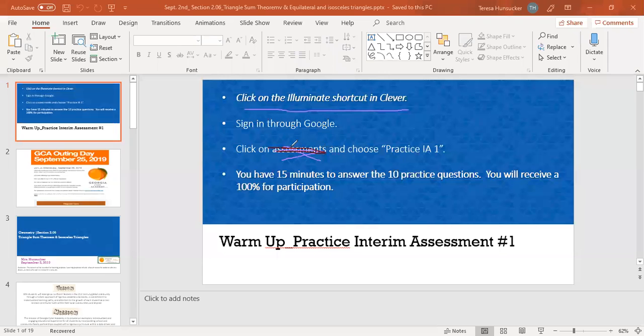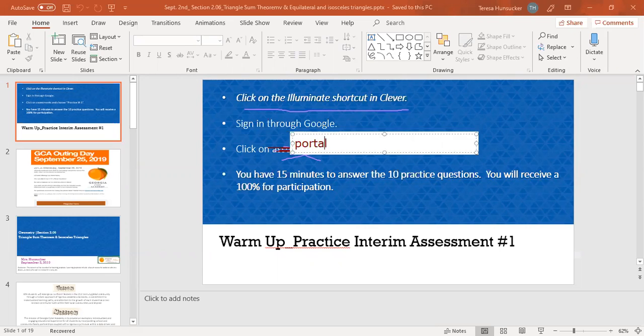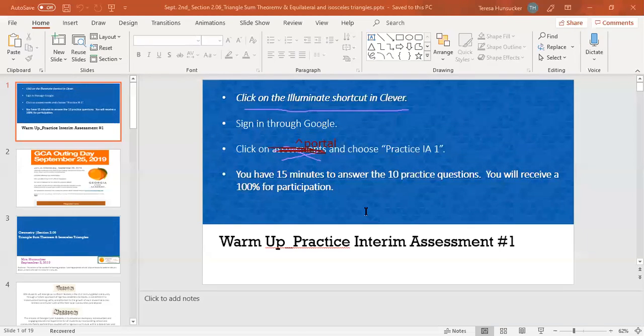There's an announcement with all this information in your Canvas. So you're going to click on portal instead, and then you'll get 100 for completing it. So for your participation, it's an automatic 100.